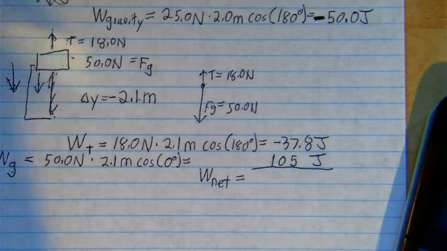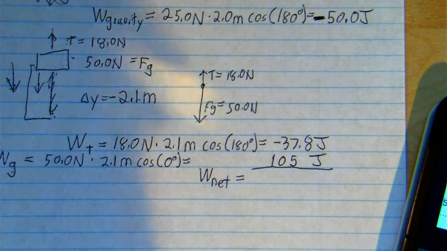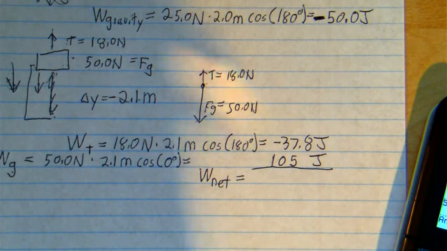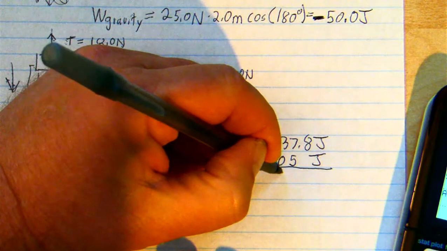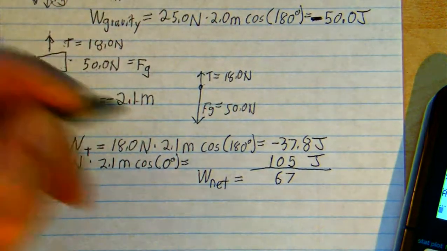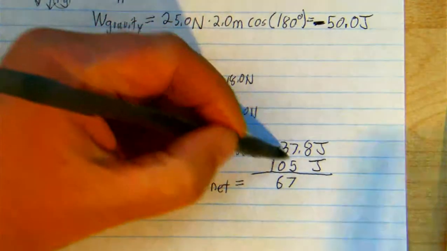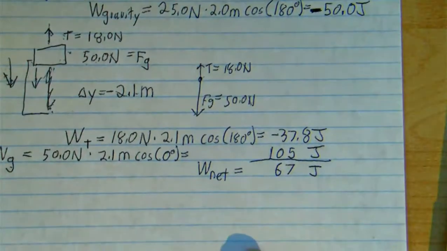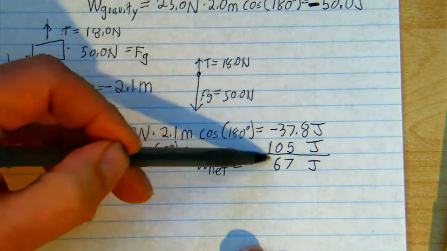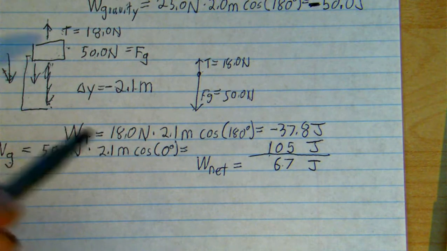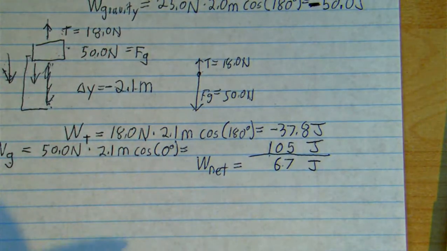So if I take positive 105 and add to that negative 37.8, the net work is 67. And unfortunately, I can't really carry it out to 4 figs. So to the nearest whole joule, it's 67 joules now. That is the net work done on this block.